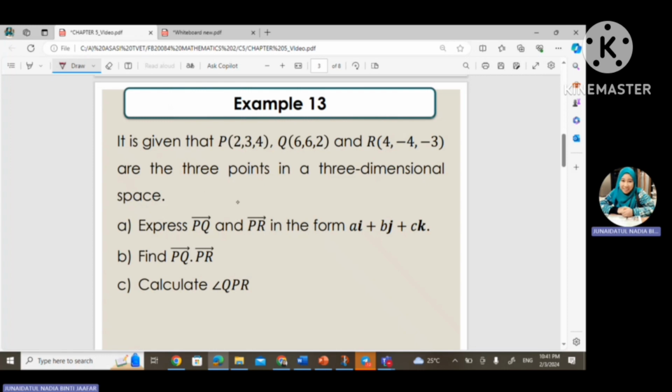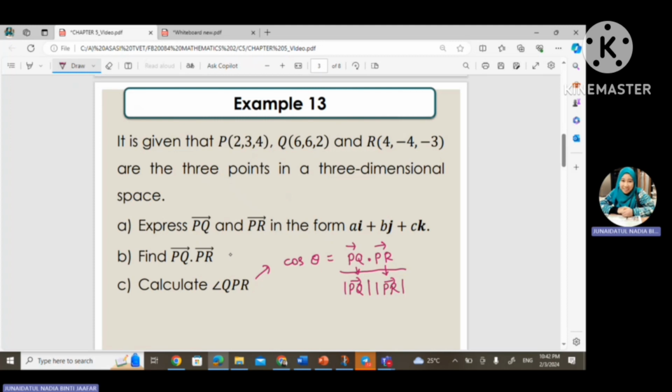The angle of QPR. So cos theta equals, from question B we have PQ dot PR, so we can use the information from the previous question, divided by the modulus of PQ times the modulus of PR at the denominator.